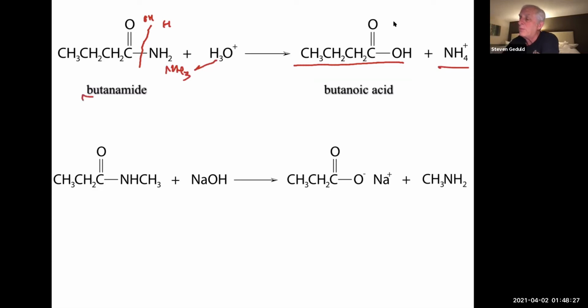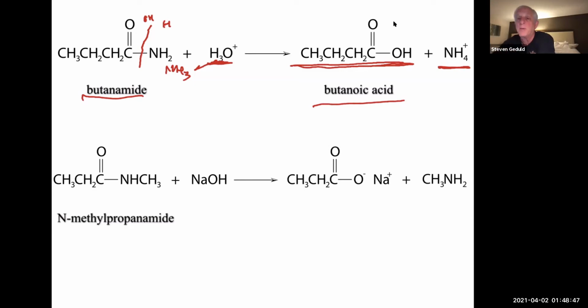So you go from butanamide to butanoic acid. Okay. So remember, when you have a strong acid here, this carboxylic acid is going to keep its proton on. And the extra proton from the acid is going to attach to the base here, which was ammonia, and it's going to form ammonium ion.